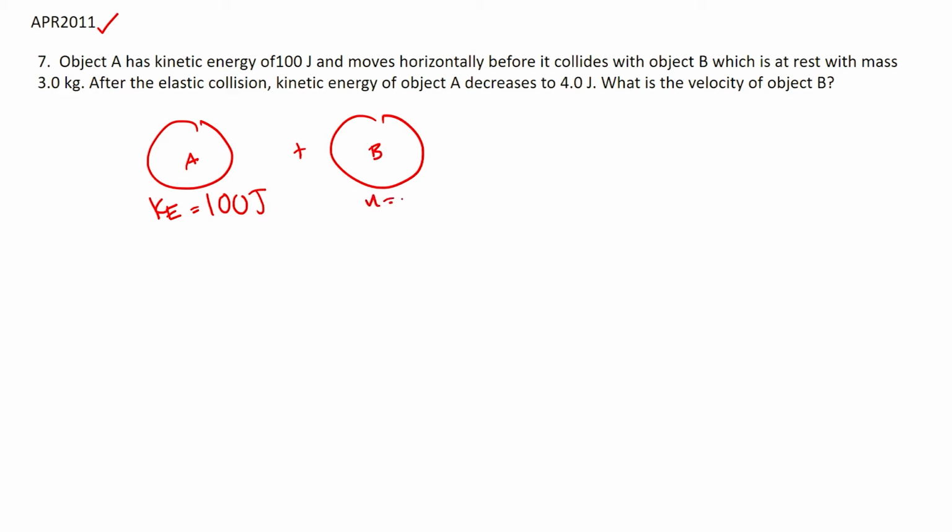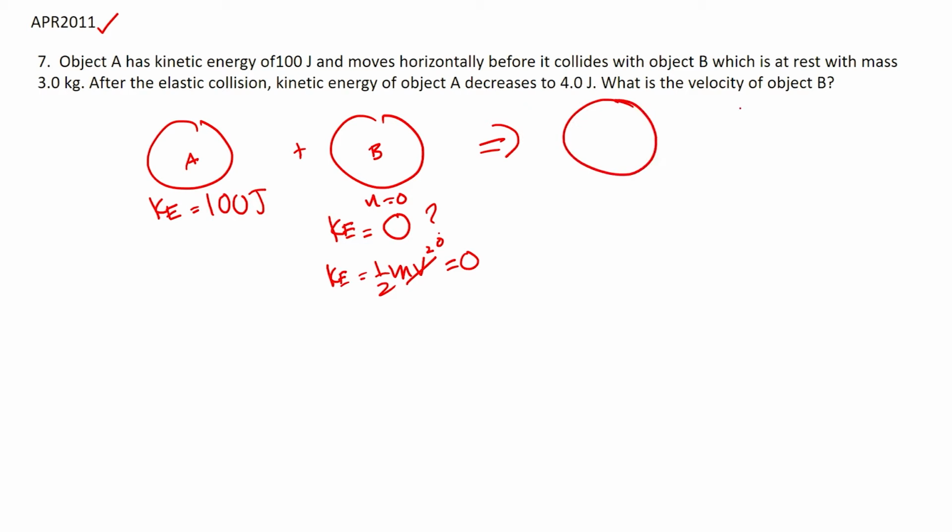So u equals 0, and then its kinetic energy equals 0. Why? Because kinetic energy equals half mv squared, and v equals 0, so the kinetic energy equals 0. Okay, collide, and then it's elastic. So elastic means that it does not stick together, it bounces.